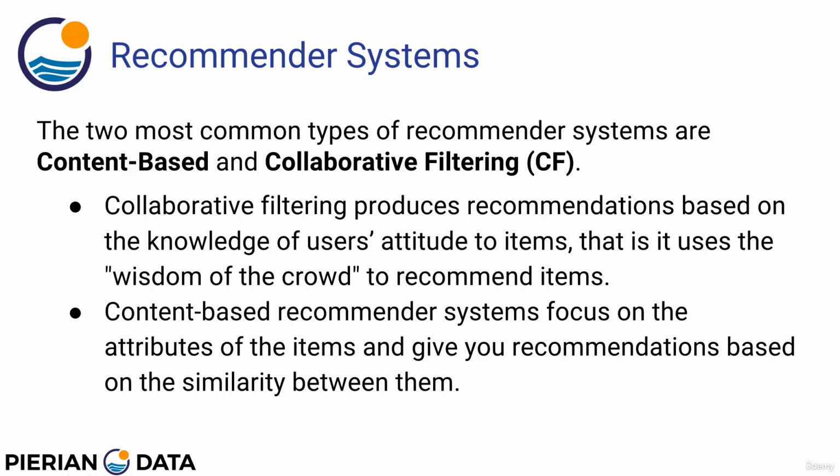Content-based recommendation systems focus on the attributes of the items and give you recommendations based on the similarity between items. So the basic difference here is filtering based on user preferences or filtering based off of the similarity between the items.